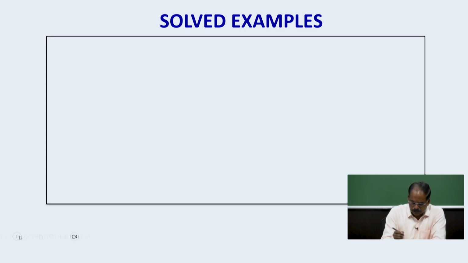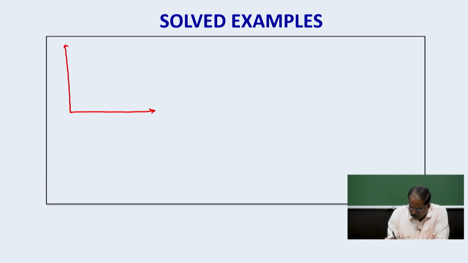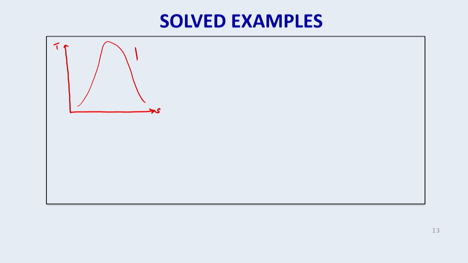Let me draw the pH diagram first. 1 to 2 is isentropic compression. This is the work of compression.